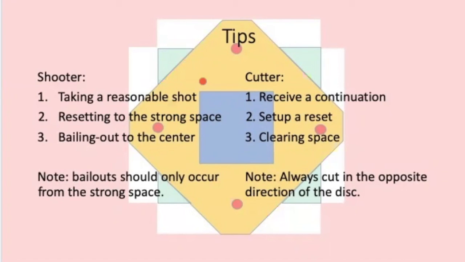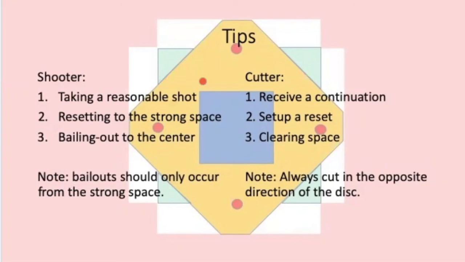And we looked at a couple examples of that. And if you're already in the strong space and the defense is completely covering any kind of options, then your best option is just to bail out to the center, especially if you're in the strong space, because you have the easiest recentering shot from there. And a note about bailouts is that they should only ever occur from the strong space.